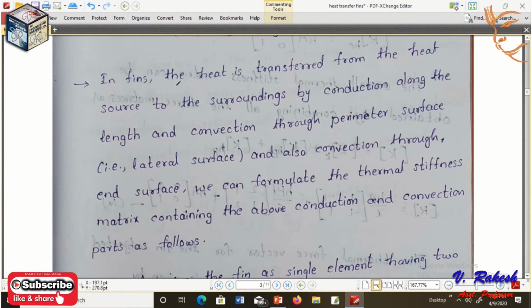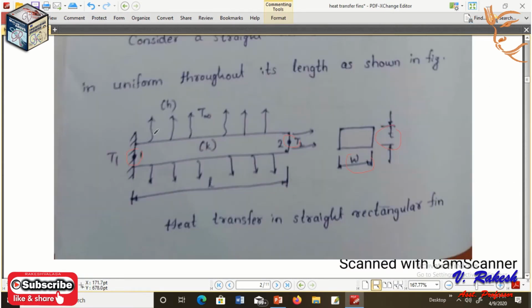In fins, the heat is transferred from the heat source to the surroundings by conduction along the length and convection through the perimeter surface, that is the lateral surface, and also convection through the end surface.